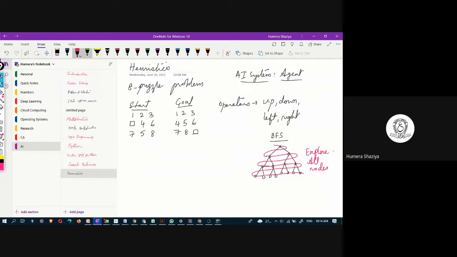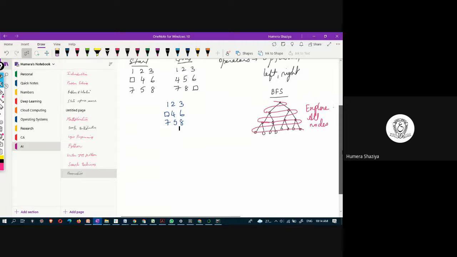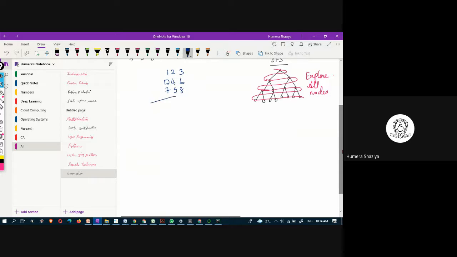When we begin the solution to this 8 puzzle problem, we start with the starting state, which is 1, 2, 3, empty, 4, 6, 7, 5, 8. From here, we have 3 successors that could be generated based on the operators applied to this empty tile. Because it is at the corner, we can apply 3 operators.